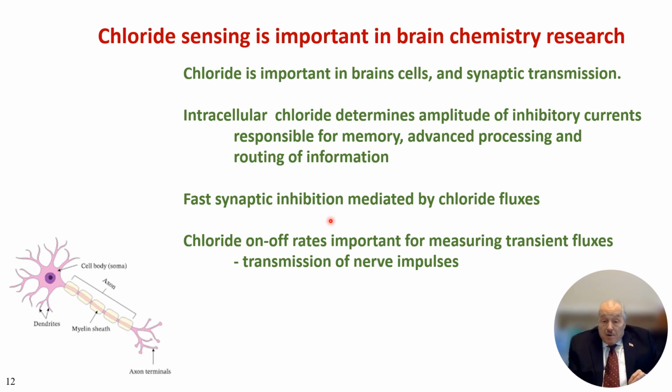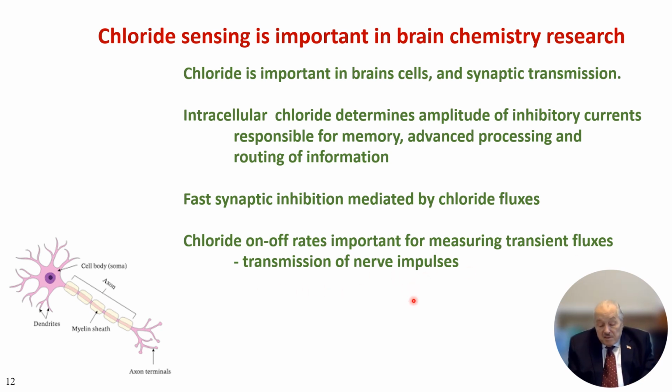One possible problem is that the nerve impulses are relatively fast. So what's going to be important is that these probes respond very rapidly to changes in chloride concentration. In the case of the other quinolinium probes, it was obvious that they changed instantly with chloride concentration.